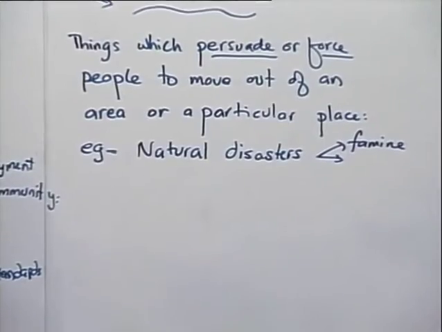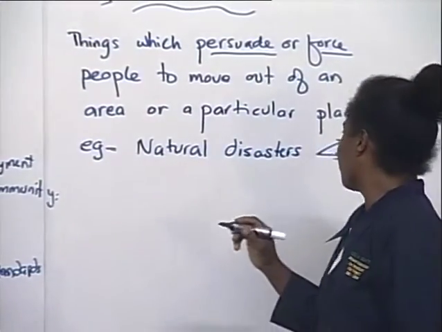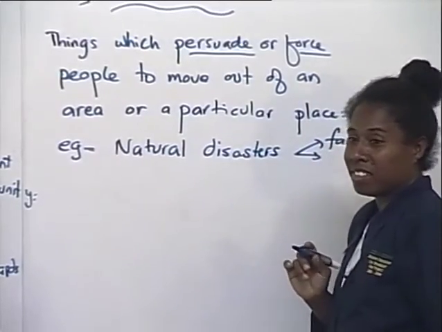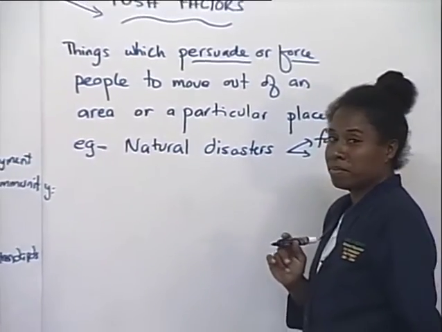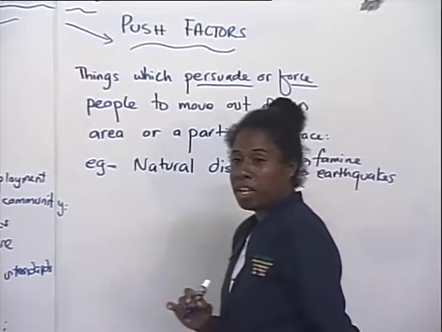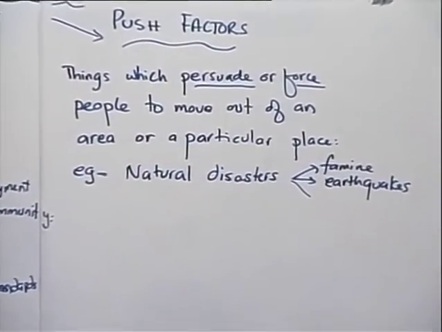Okay, Brendan is going to help. Beside famine. Earthquake. Earthquakes. So we get all the people from East New Britain should be moving out of there because of earthquakes.